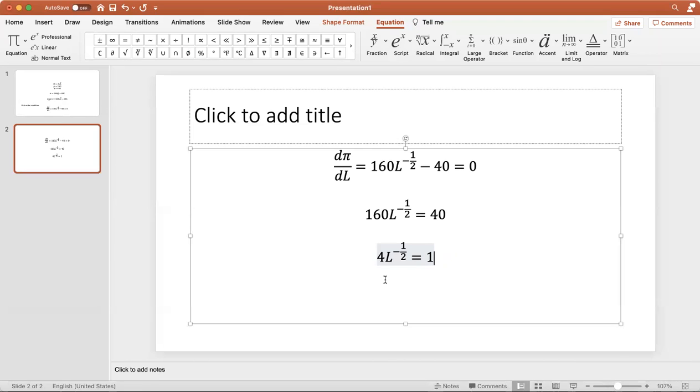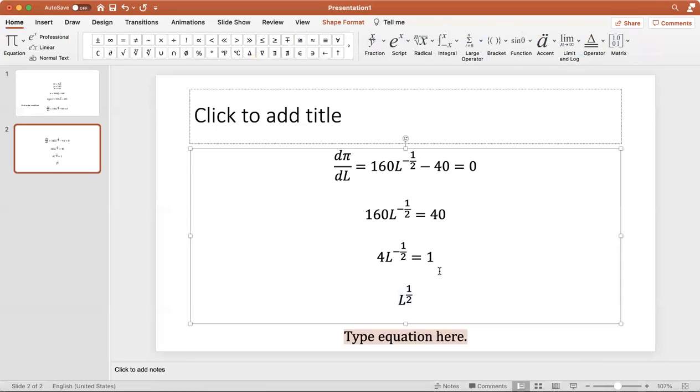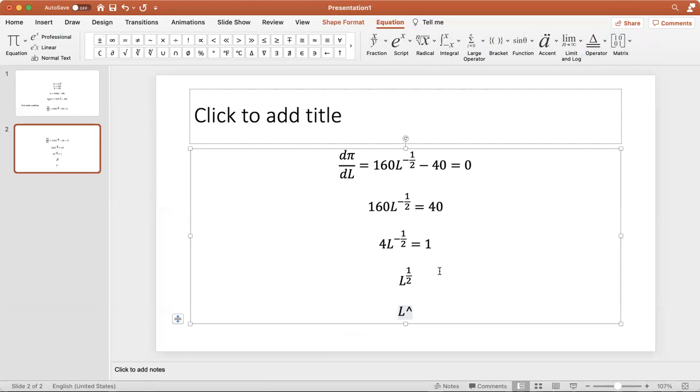So moving L raised to 1/2 to the other side, you'll just get L raised to 1/2, or square root of L basically, equals 4, and therefore the optimal, assuming of course everything is in place, the optimal amount of labor, L star, that will maximize the firm's profit would be equal to 4.